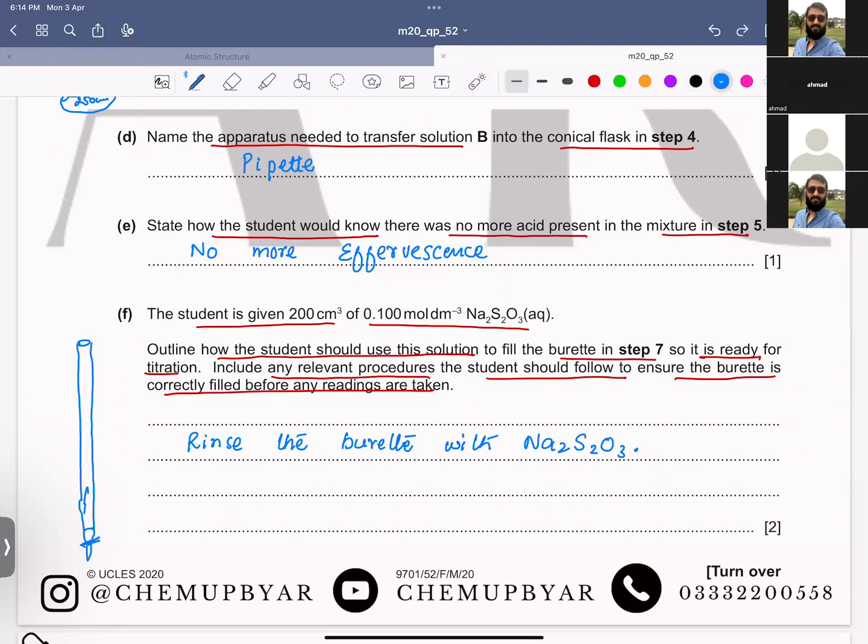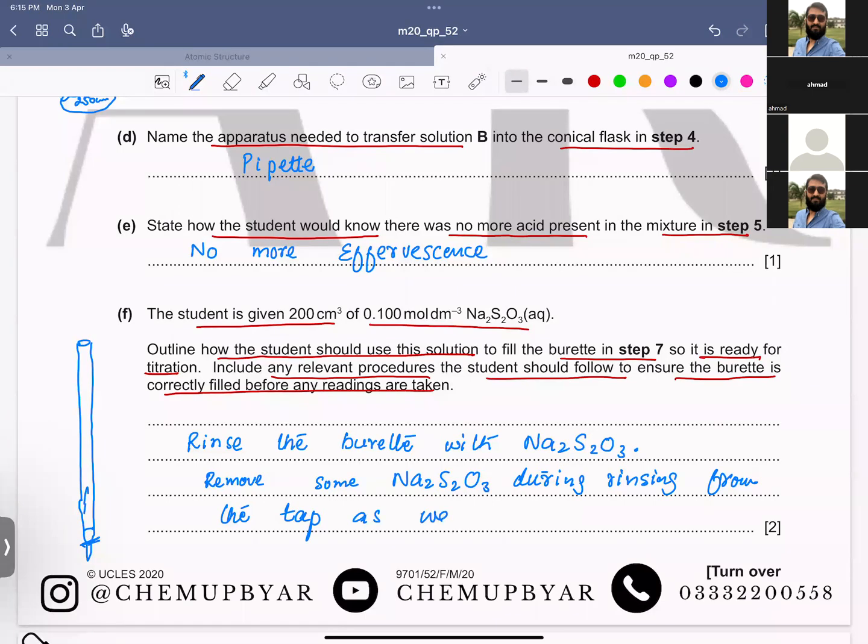So you can include this: remove some Na2S2O3, sodium thiosulfate, during rinsing from the tap as well.